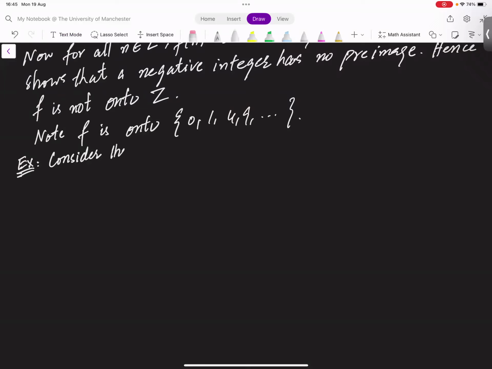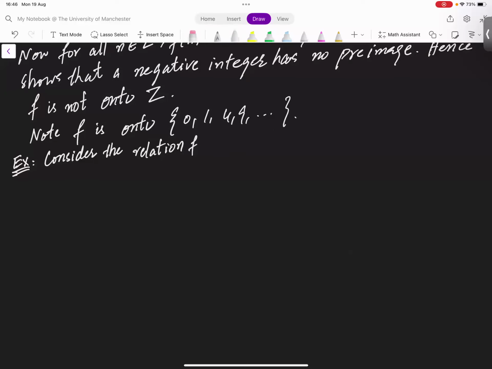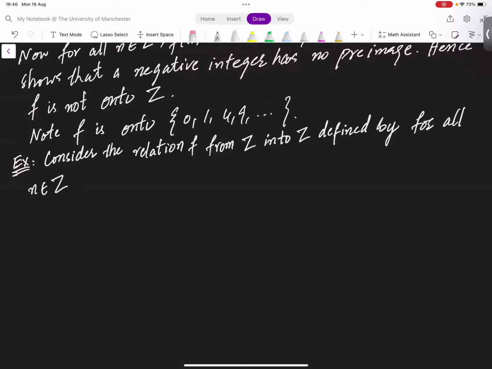Consider the relation f from Z into Z defined by, for all n in Z, f of n is 2n.